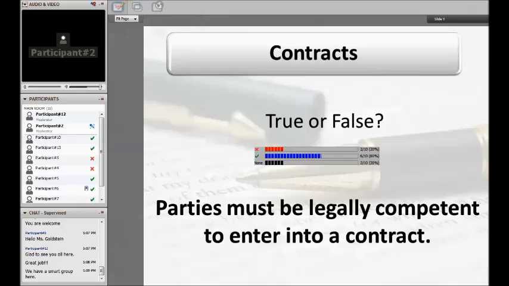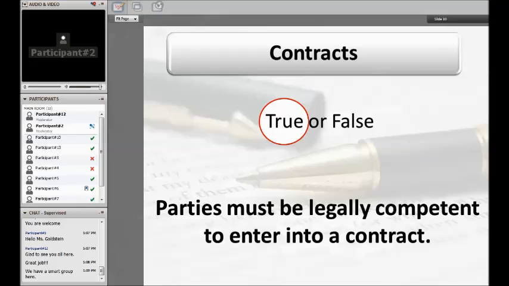Oh, we've got a couple of you that think that's false. Oh, it's true. Parties must be legally competent to enter into a contract. A 5-year-old is not going to be legally competent to enter into a contract. So if they sign one, they're not going to be held accountable for that contract.